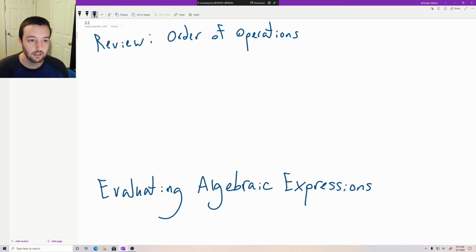So if you're using an iPhone calculator, it's more important for you to know the order of operations so you know what order to put it in. Unless it's changed recently, I haven't looked at one in a couple of years. If you're using just a regular calculator, not on your phone, it's really hard to say because there are so many different calculators out there.